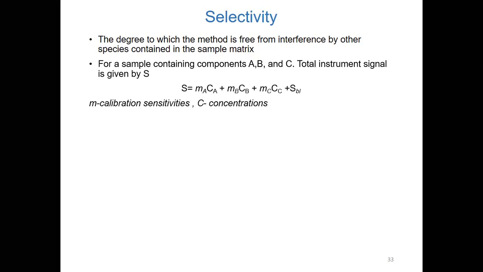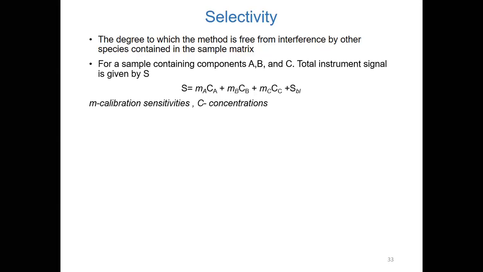So this is an example. Suppose the sample contains components A, B, C. A is the analyte, B and C are, let's say, interferences. So if those two interferences are present, the total instrument signal S will be given by this equation.